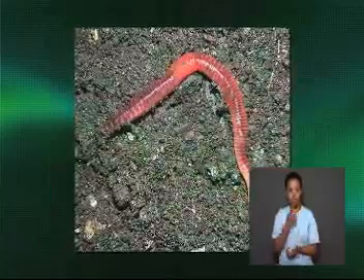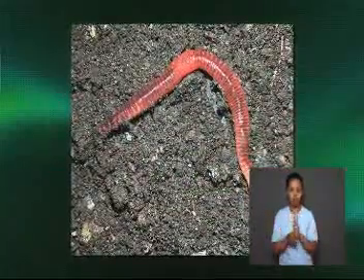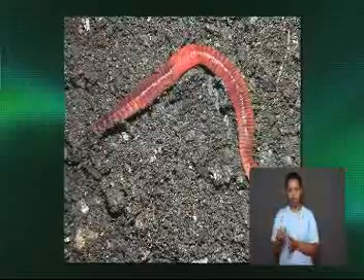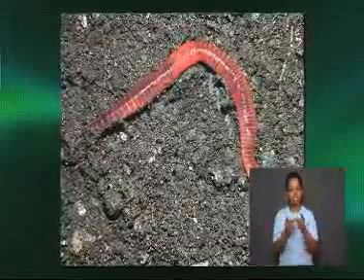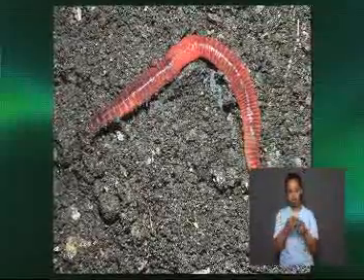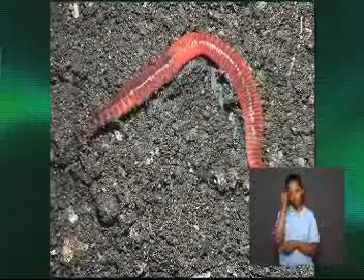Some species, like earthworms, have no system at all to determine sex. They are hermaphroditic, meaning that they have both sets of sex organs.